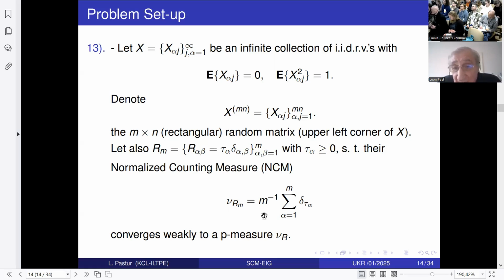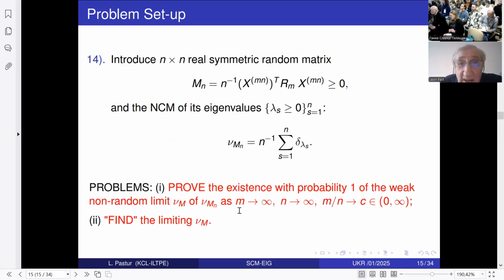It consists of isolated points, atoms. So it converges to a certain measure as m tends to infinity. Every time I mention convergence of measures, it will always be weak convergence. Well, and using this ingredient, we form the matrix here.